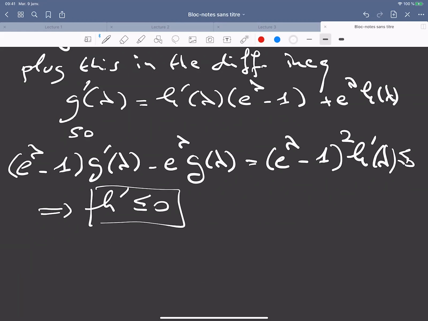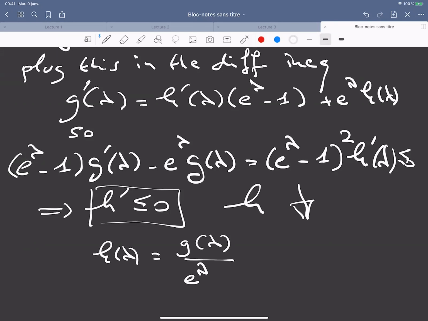And this means that the function H decreases. But remember that H is nothing else than J divided by exponential lambda minus 1.